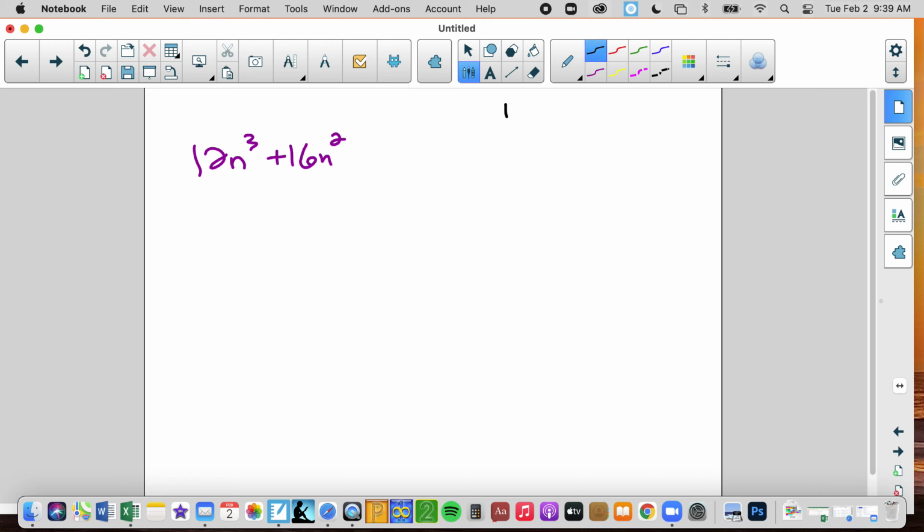So remember the technique. We're going to use prime factorization. We're looking for the GCF between those two terms, so we're going to do the prime factorization of both of those terms. 12n to the third, 16n squared.